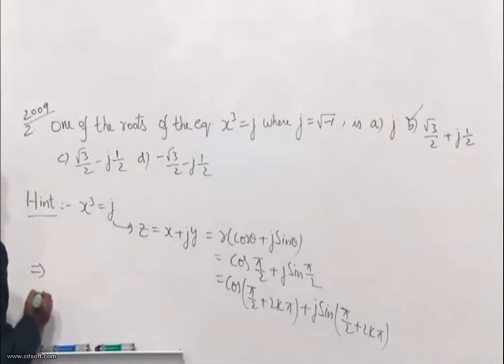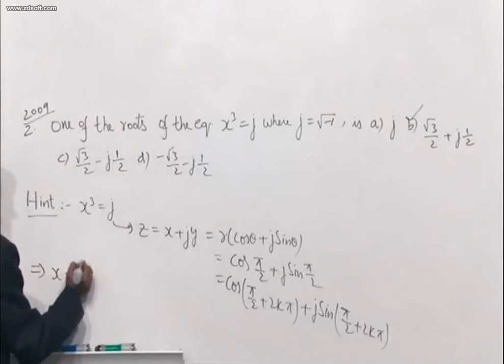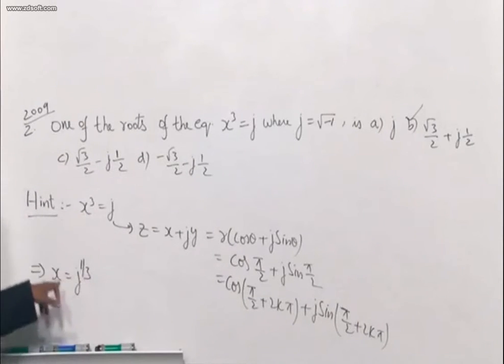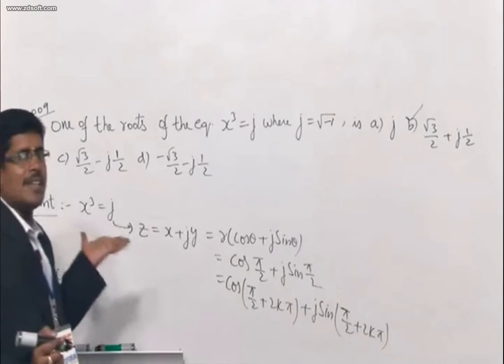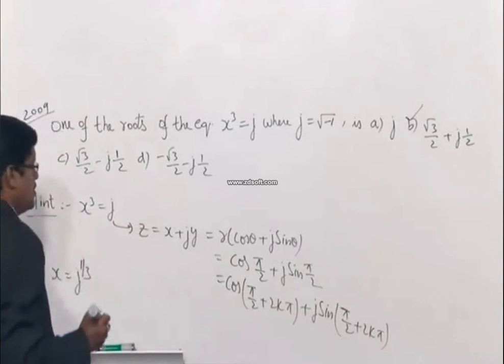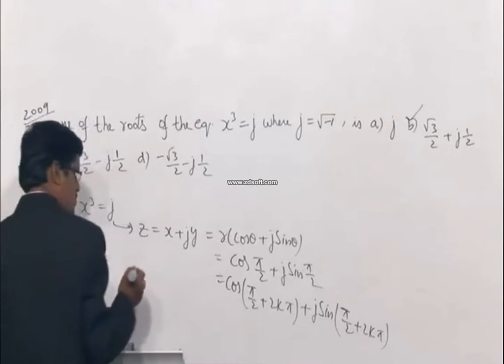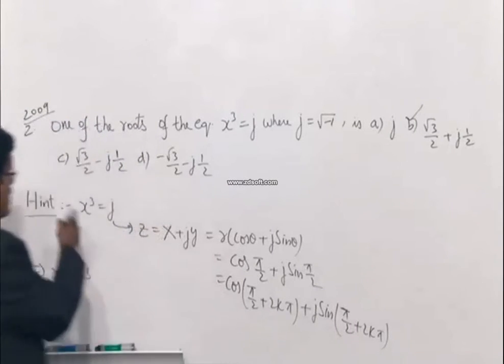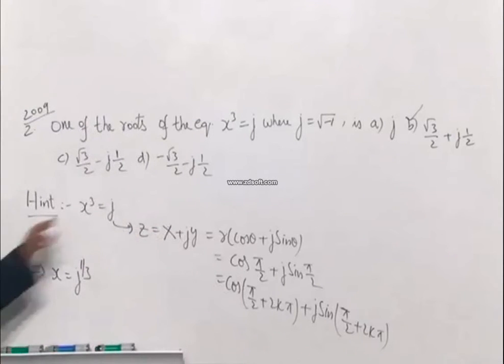Okay, so which implies x is equal to j to the power 1 by 3. That means the problem tells that cube roots of the given complex number j. The previous problem tells that square roots of minus i. Here i is nothing but j. Or you better to denote this small x by capital X, because small x is given in this notation, equation form.